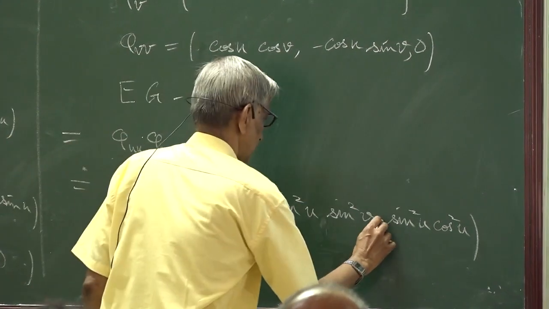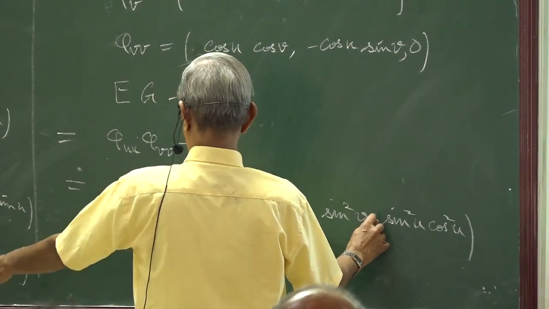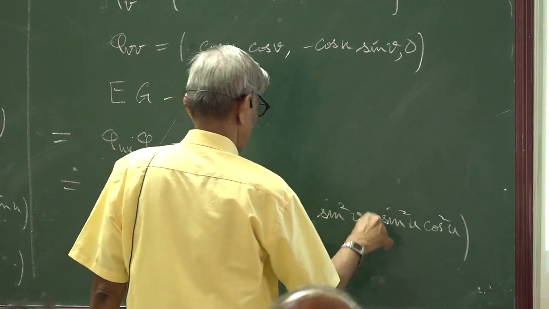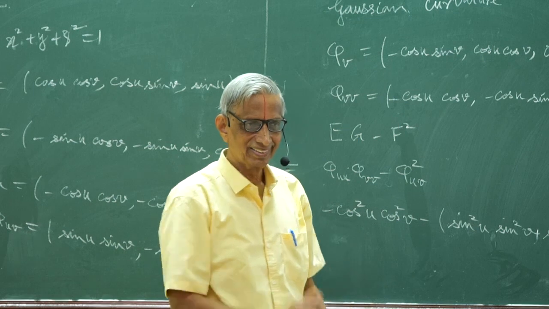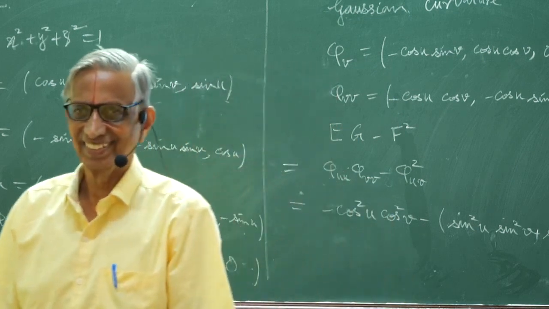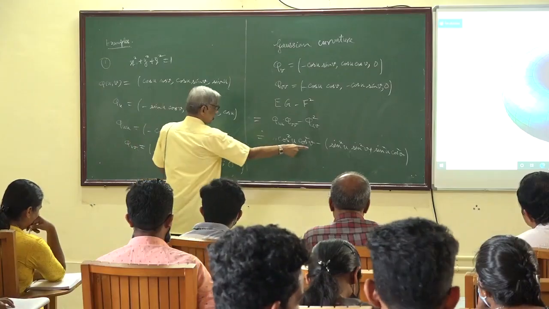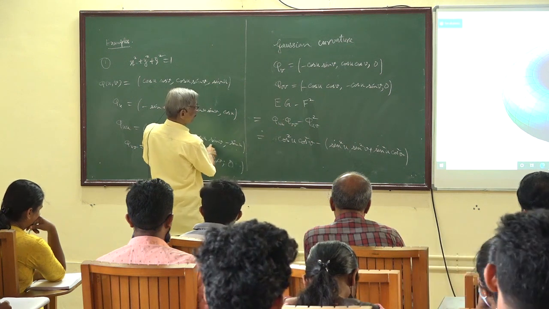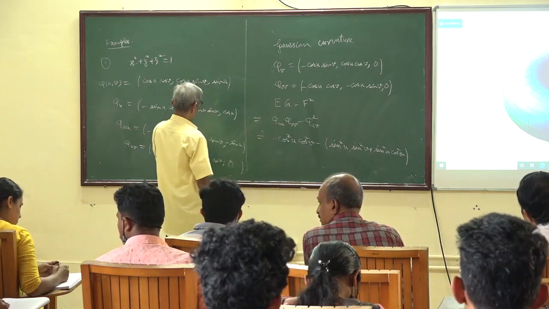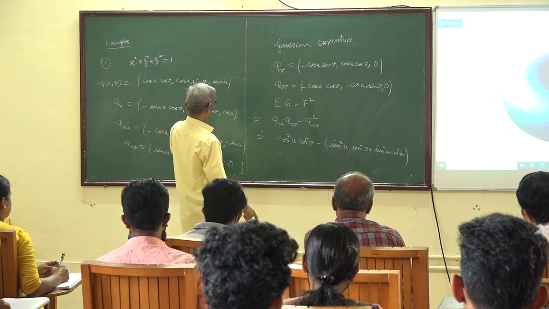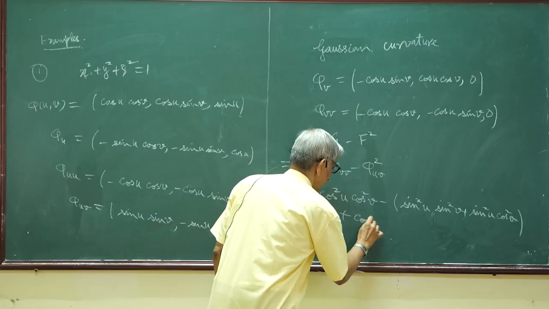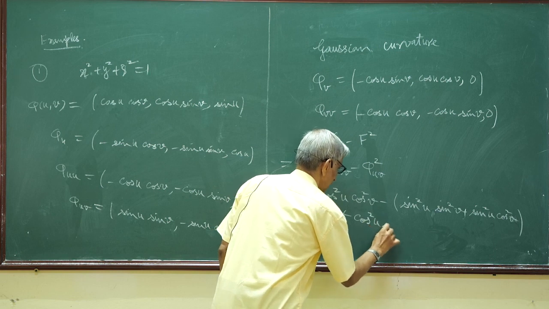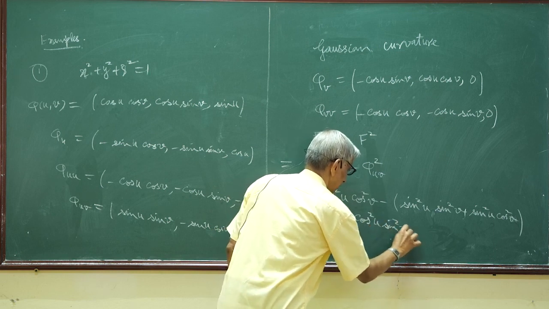Here plus minus minus plus. Oh, minus. This is the first term. Okay, the second term is cos square u sin square v with a plus sign. Right?